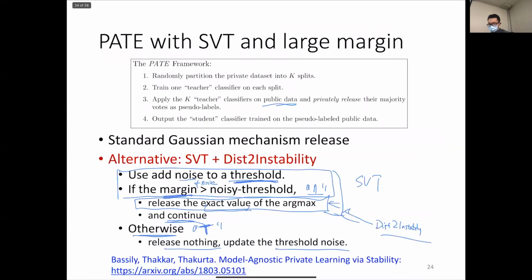I don't know if I have a figure to show, but theoretically it improves the rate from 1 over (n epsilon) to the power of 2/3 to 1 over n epsilon, right? So now you need a substantially smaller data set to learn a hypothesis class.